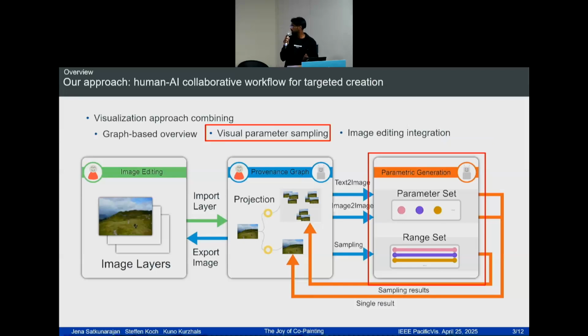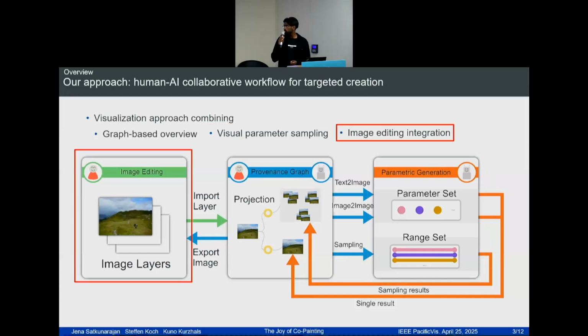But let me tell you that these hyperparameters can significantly change the outcome of the result. And we visualize how changes in the parameters affect the image results. And we integrate all of this into existing image editing workflows to encourage users to utilize manual refinement of the images without interrupting them in the generation workflow.